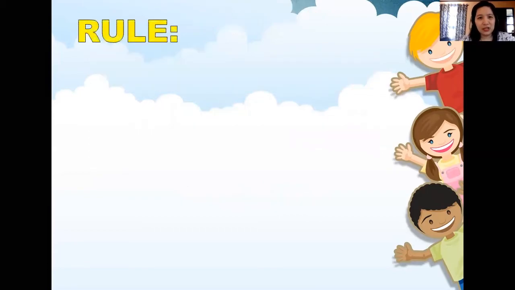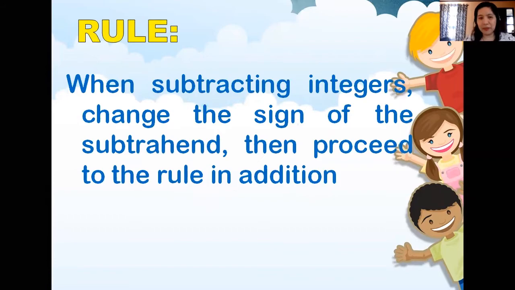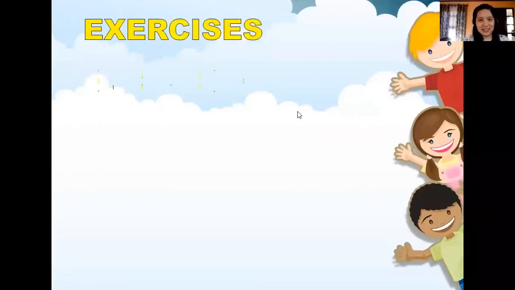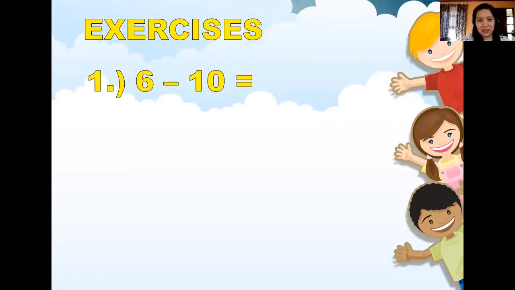Alright. So what's now the rule? This is the MATHalino rule. When subtracting integers, change the sign of the subtrahend and then proceed to the rule in addition. Let's have some exercises. First, 6 minus 10. So applying the MATHalino technique, you are subtracting a smaller number to a bigger number.